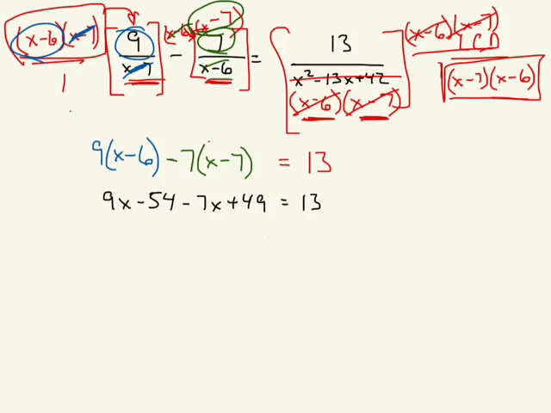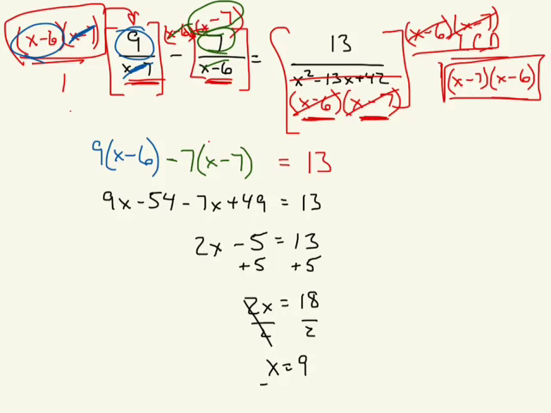All right, 9x minus 7x is 2x, negative 54 plus 49 is negative 5, and we should be in a spot where we can see that this is a doable equation now. Just a little divide by 2 on both sides, and we'll get x equal to 9. Now, if you remember, our last step was to check it. Check to make sure it wasn't an extraneous solution.